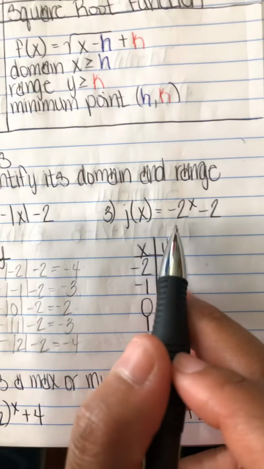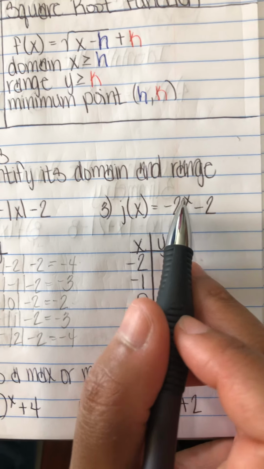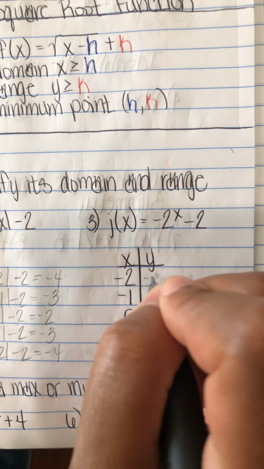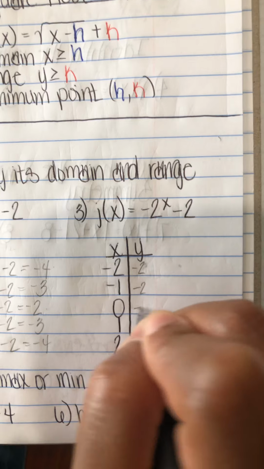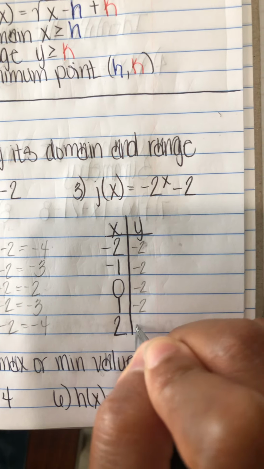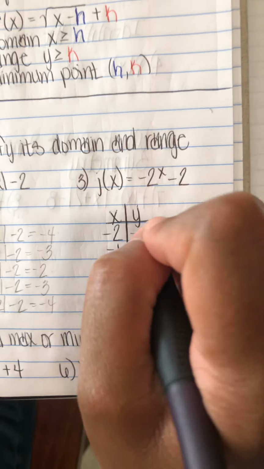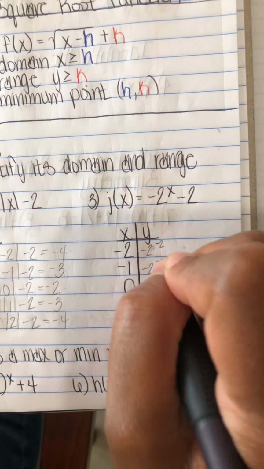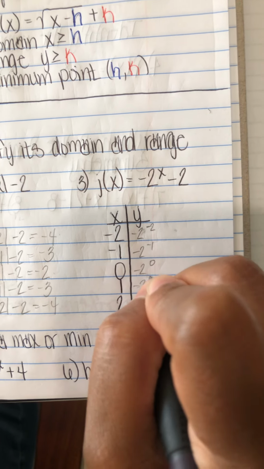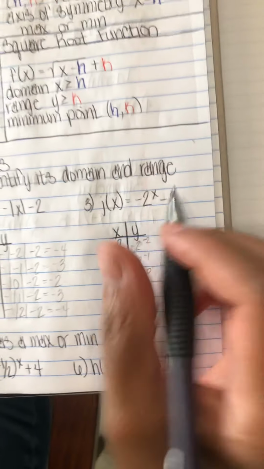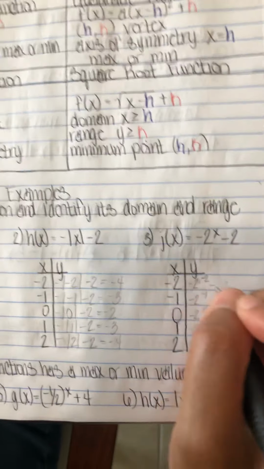If you notice here, I have a -2 and then it's raised to the x. So I'm going to put a -2 all the way down. And then I'm going to put my exponent. And then it says -2.